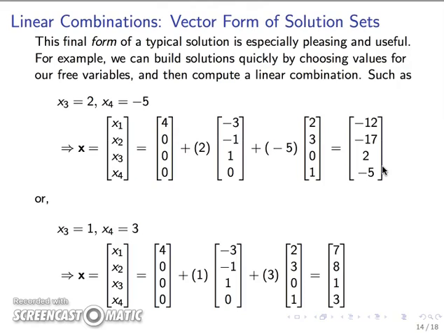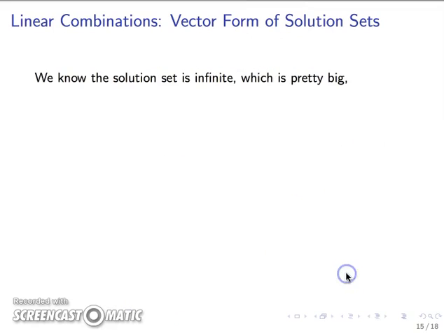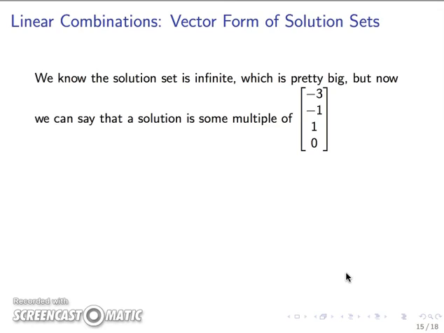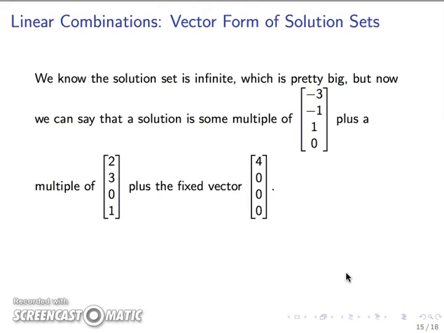We can give a try to other values of x3 and x4. Here's this for purposes of an illustration. So the solution set certainly has many members, but we can express the solution set by saying that a solution is always going to be a multiple of this vector, minus 3, minus 1, 1, and 0, added to a multiple of this other vector, which is also added to a fixed vector.